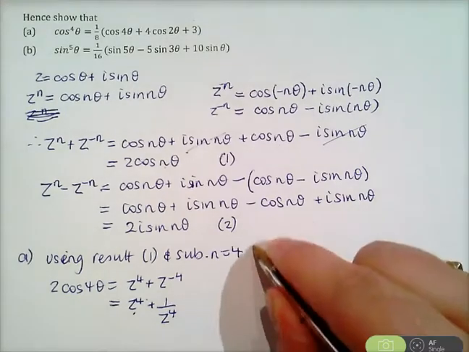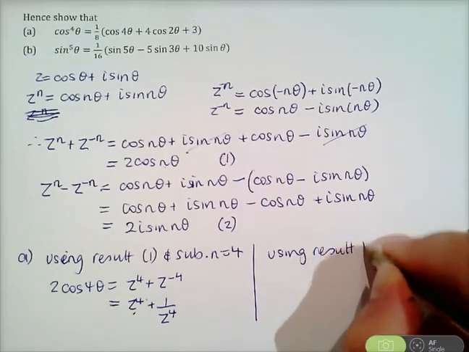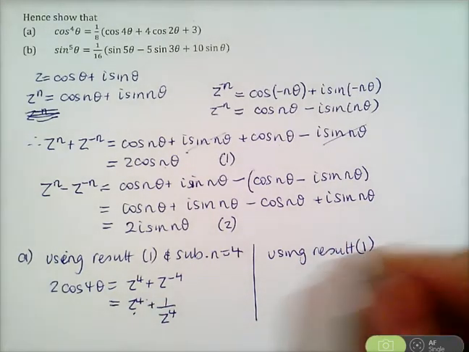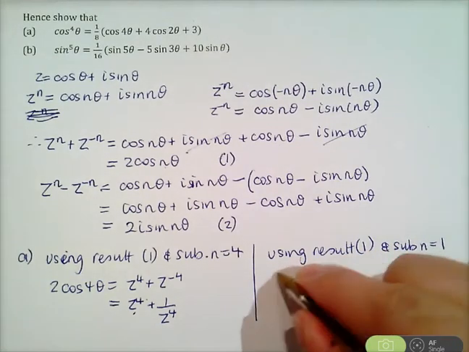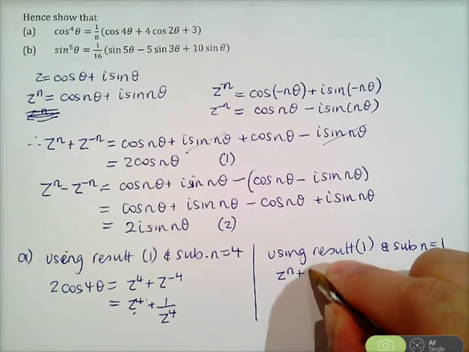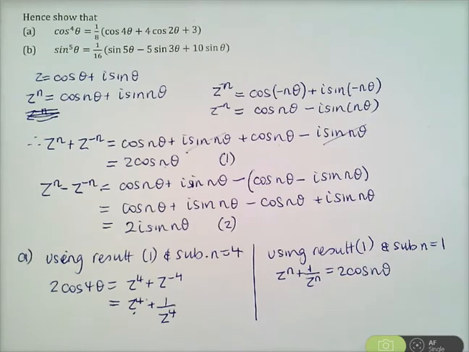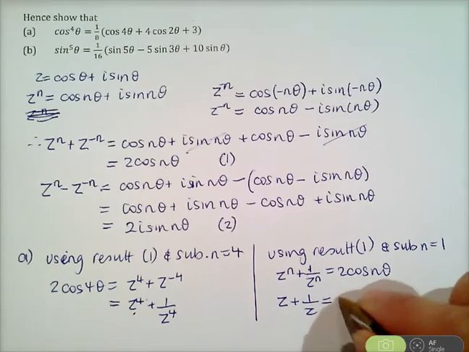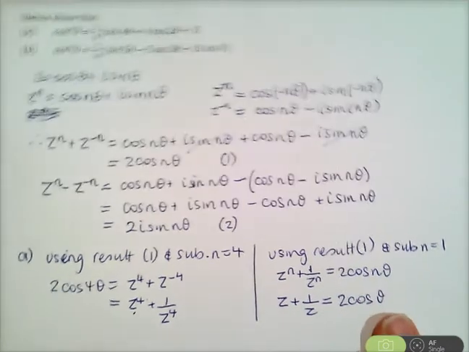Also, if we look at result 1 again, because we seem to have come to a dead end there, and if we substitute n is 1, we get z plus 1 on z equals 2 cos theta. Okay, so we're going to use this result as well.